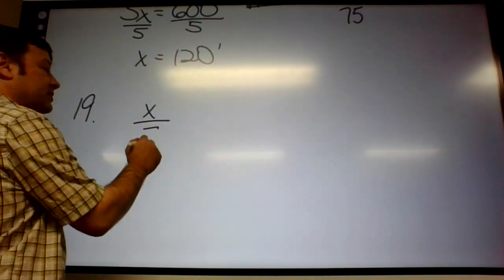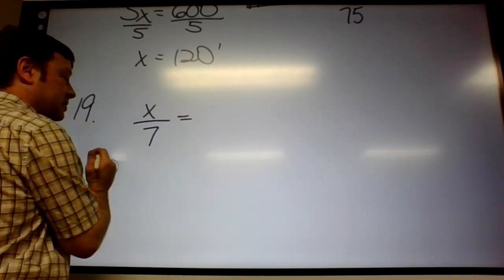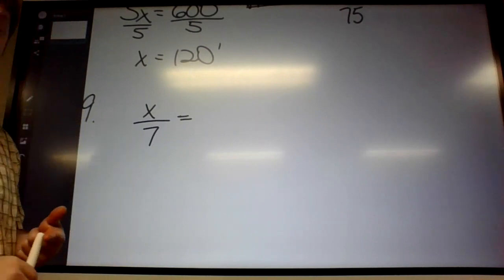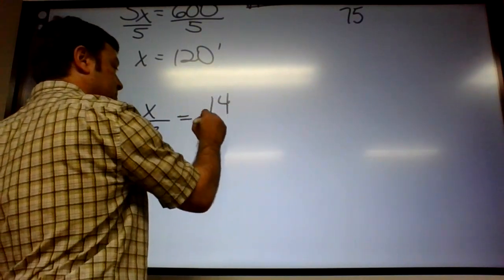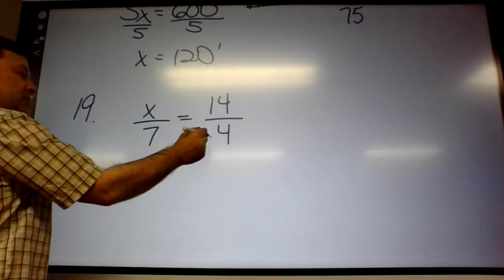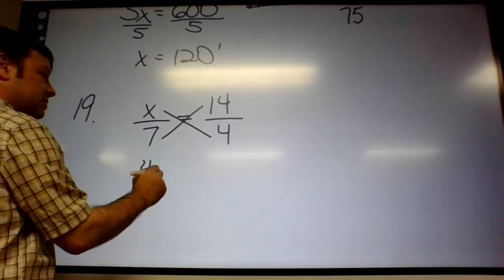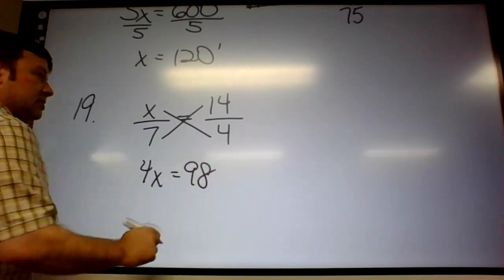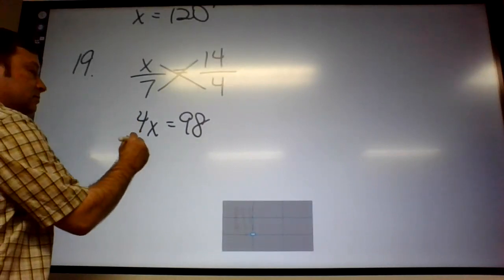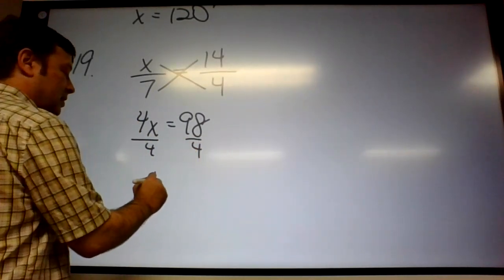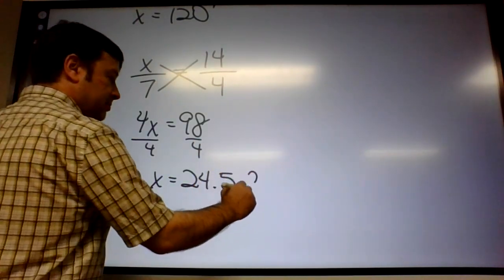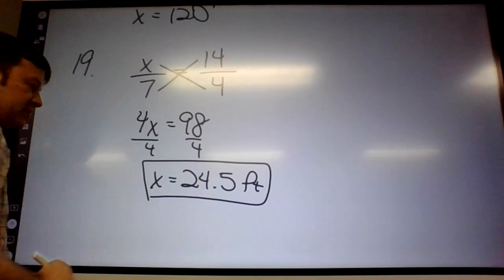So I'm going to say x over 7. X is the log. And then the 14 on the big triangle matches what? 4. Okay, so that's how you set it up. Oh, I was looking at the wrong picture. So, 7 times 14 is 98, which is 49 over 2. Okay, I'll go ahead and put 24.5 for that one. That probably makes more sense in this context.